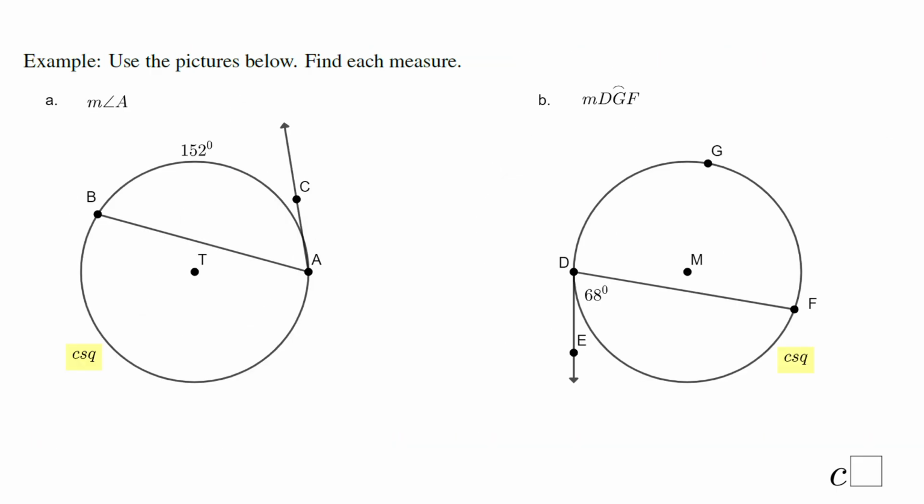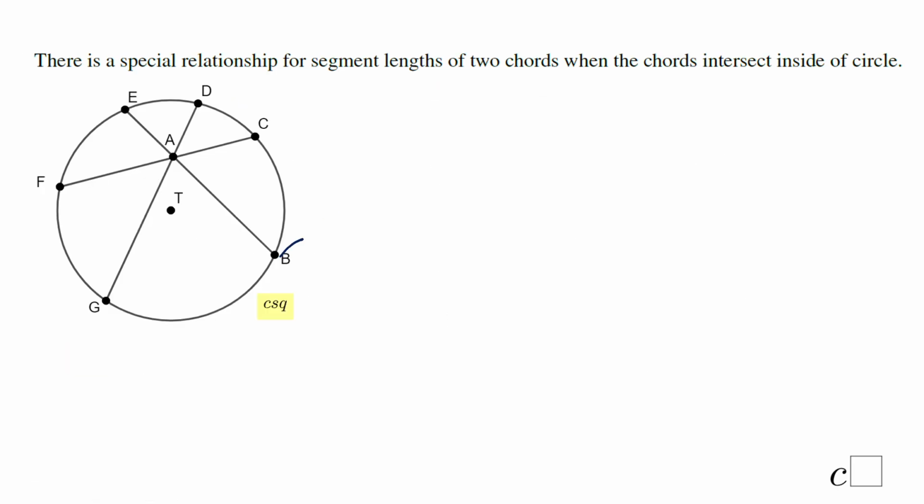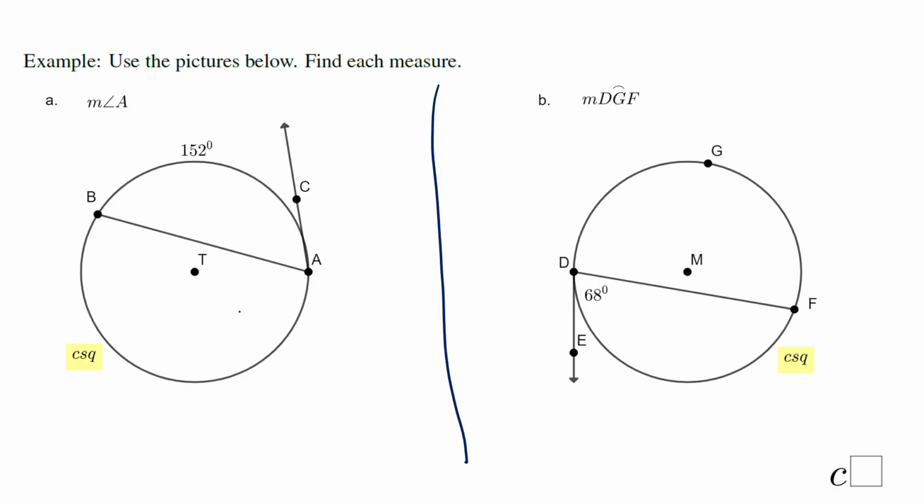So let's see here these two examples. We need to find the measure of angle A. We go back, the measure of angle A, this angle. And for that reason, we're looking: do we have the intercepted arc? We do. Is this 152 degrees?